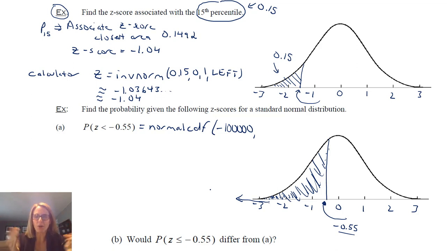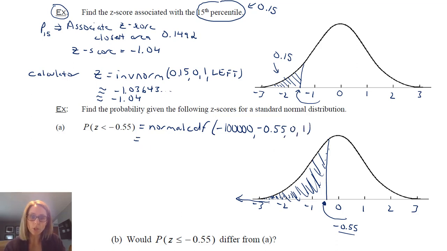I'm not sure how much cars weigh. If we go in with our standard deviation, we could actually end up with pretty large numbers along the bottom. So by picking something like negative 100,000, notice I do not put a comma there, no comma. That's going to help me. And then that's going to go up to negative 0.55, and then we have 0 and 1.